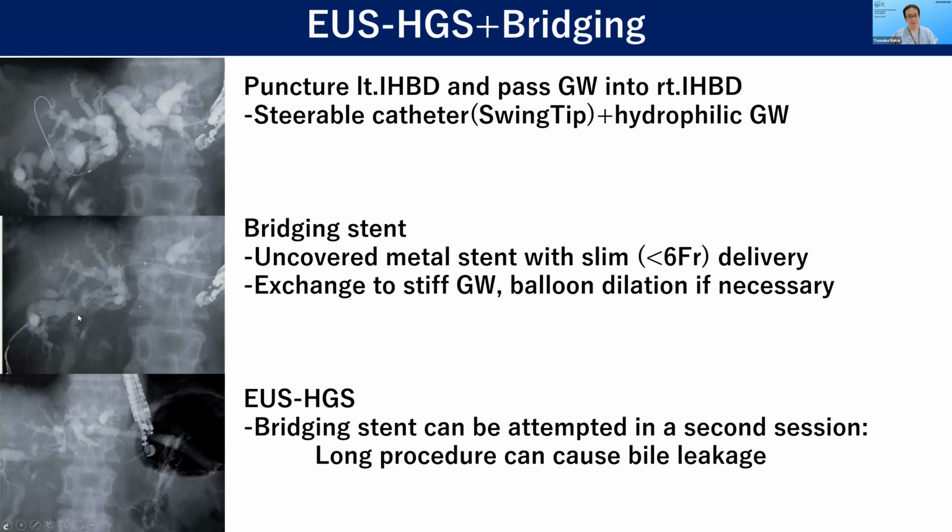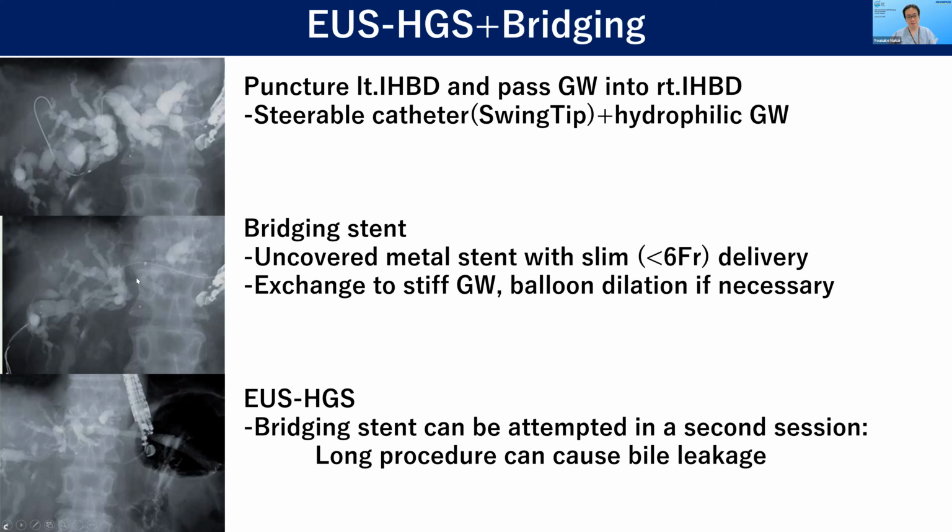And then put the stent across the hilar structure using an uncovered metal stent. Recently, we have a couple of slim delivery stents like Zilver from Cook or other companies from Korea or Japan. It's very slim, like 6 Fr or below, so we can pass the structure very easily.